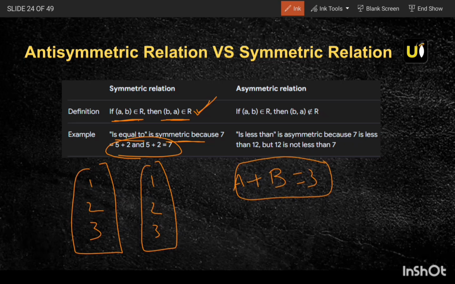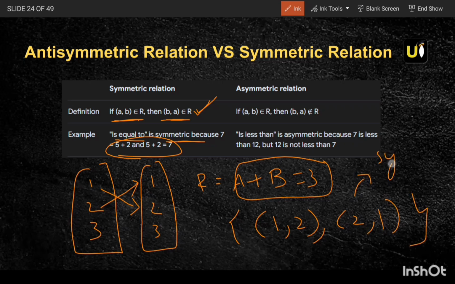So let us consider this is the relation that we want. Then 1 will have a relation with 2 and 2 will have a relation with 1. So the relation set is (1,2) and (2,1). So this is a symmetric relation.